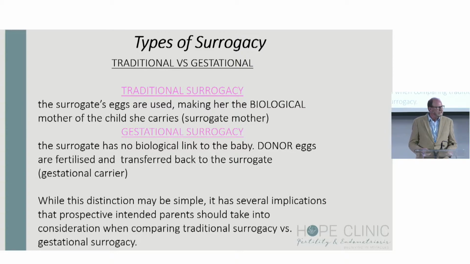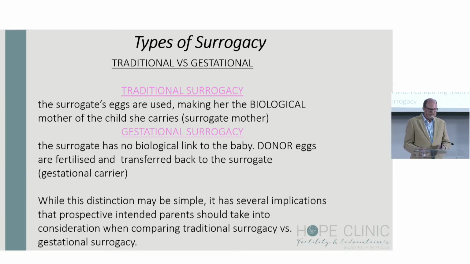And then gestational surrogacy is the most common one that we do nowadays. The surrogate has no biological link to the baby. Donor eggs are fertilized and transferred back into the surrogate. And then also sometimes we use donor sperm. And we call her then the gestational carrier.